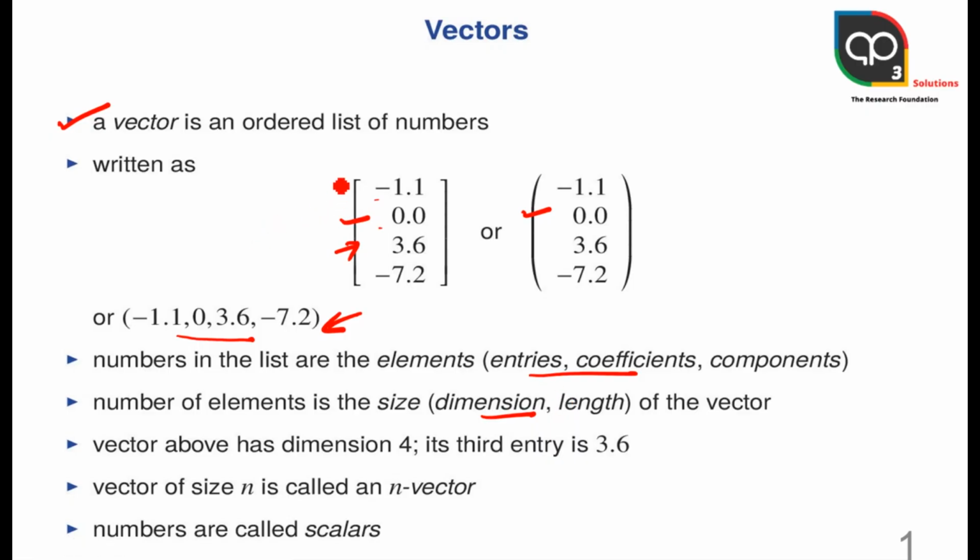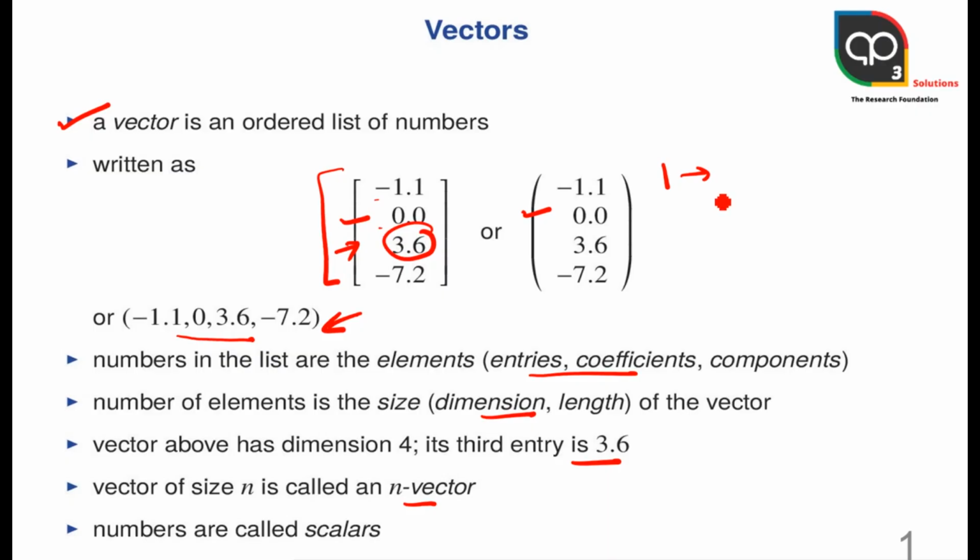The vector above, for example, has size 4 and its third entry is 3.6. So a vector of size n, we specify as an n-vector. And if I specify it like this, dear friends, kindly observe: a 1-vector is considered to be the same as a number. Yes, exactly. That is it.